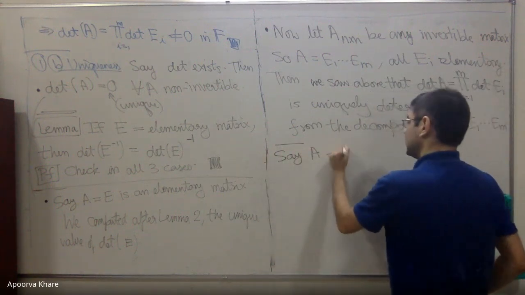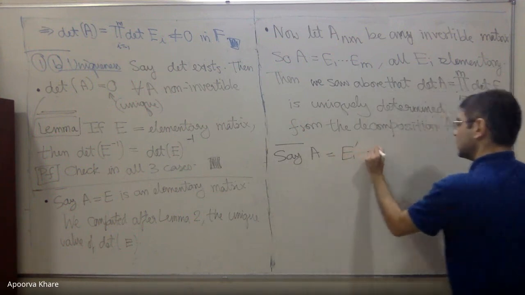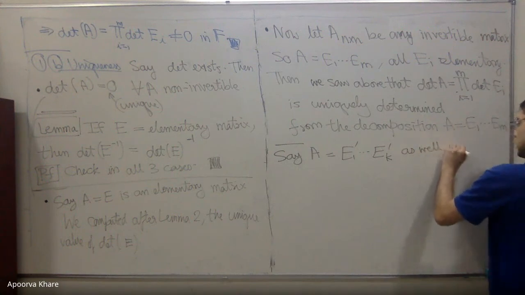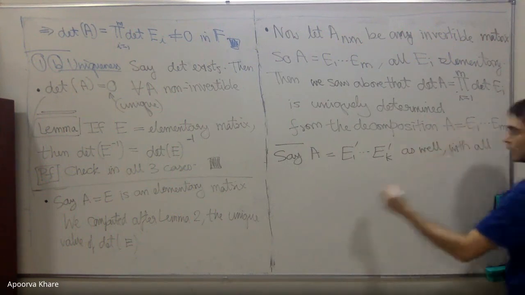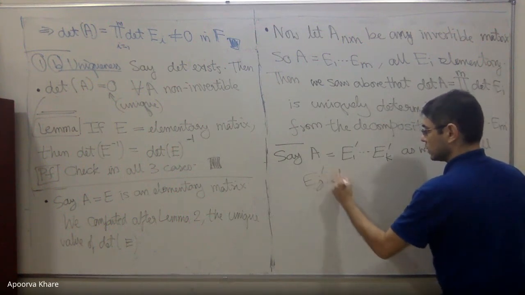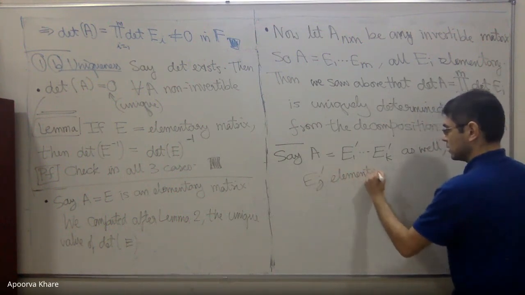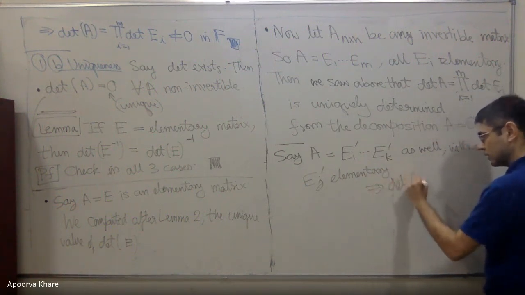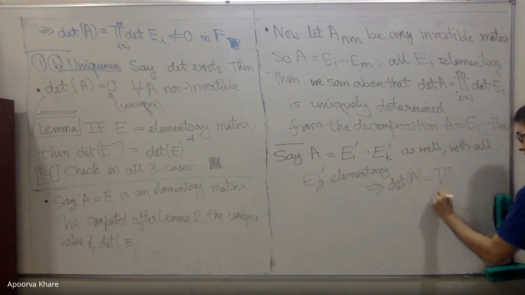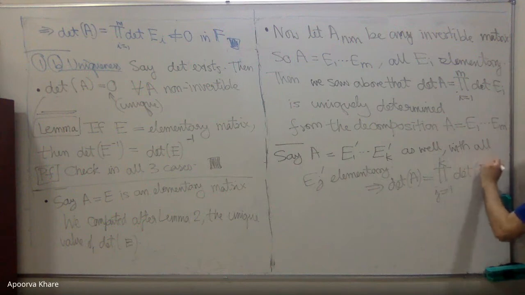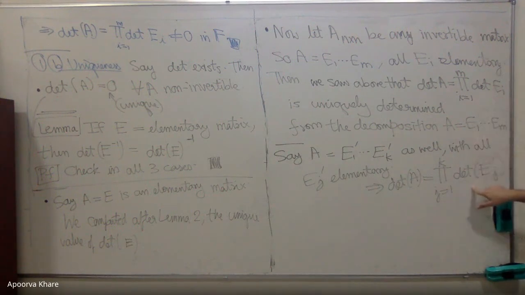Say A equals E1 prime through EK prime as well, with again all EJ prime elementary. This implies that the determinant of A is the product over J from 1 to K of det EJ prime. What is the guarantee that this and this are equal?